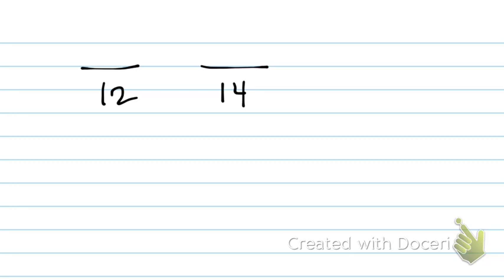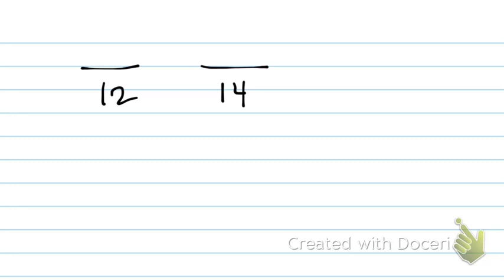No. 14 times 4 is 56. Will 12 divide into that? No. 14 times 5 is 70. Will 12 divide into that? No. 14 times 6 is 84. Will 12 divide into that? I don't know.